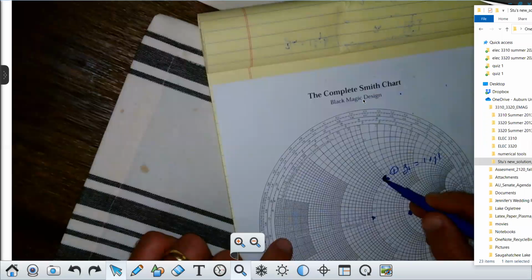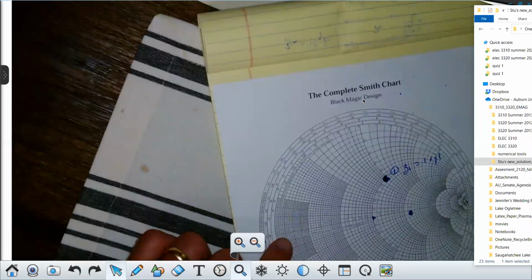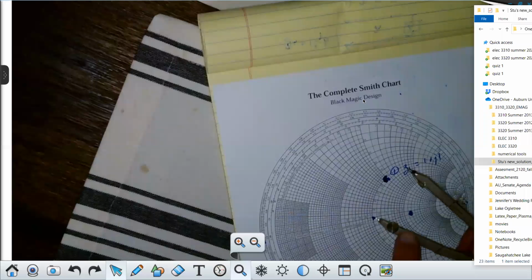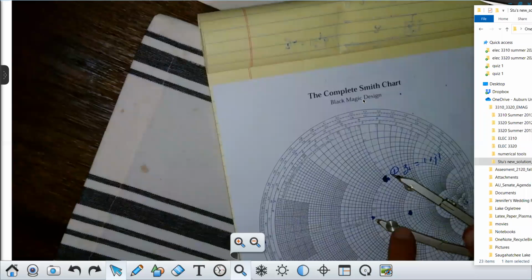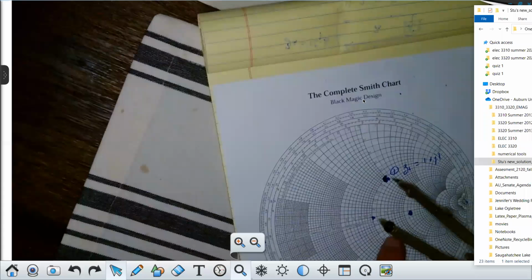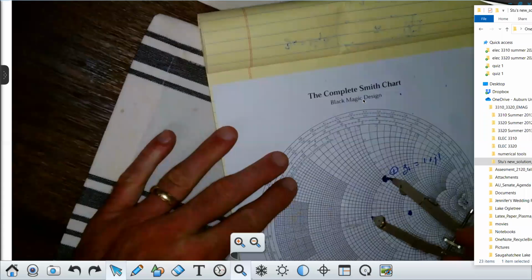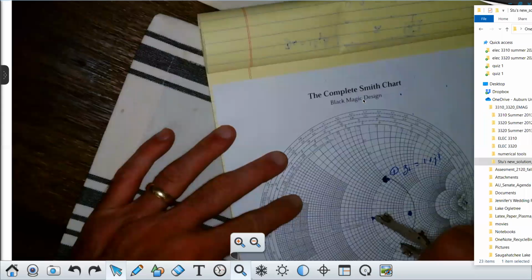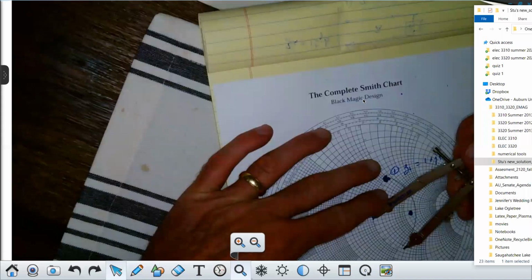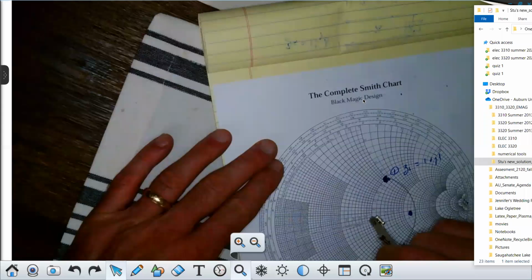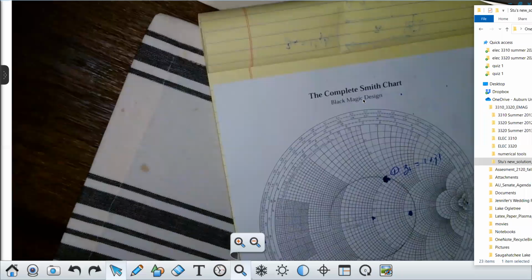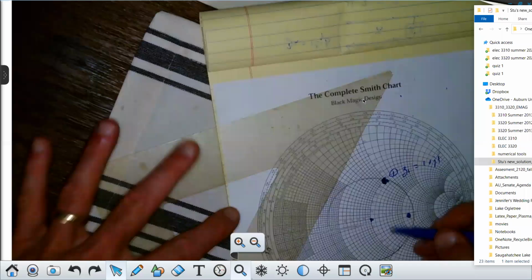Now, if I take this compass like this, and I take my straight edge, you don't have to do it this way.